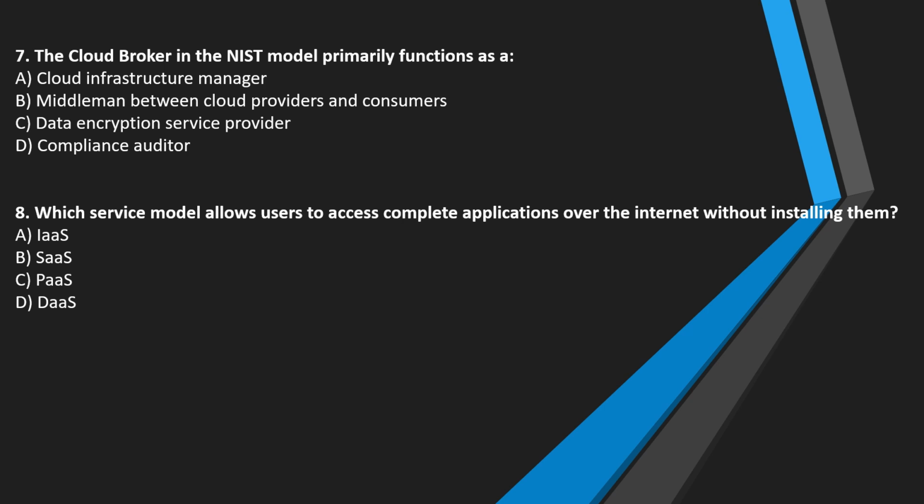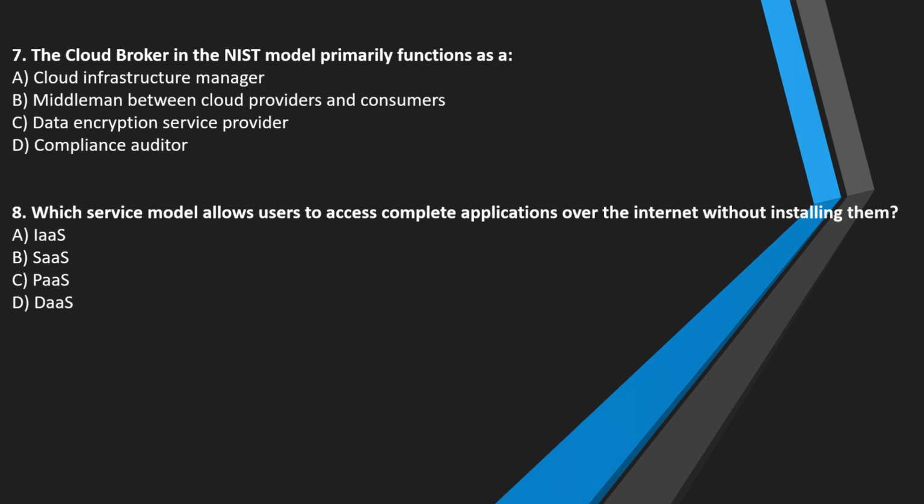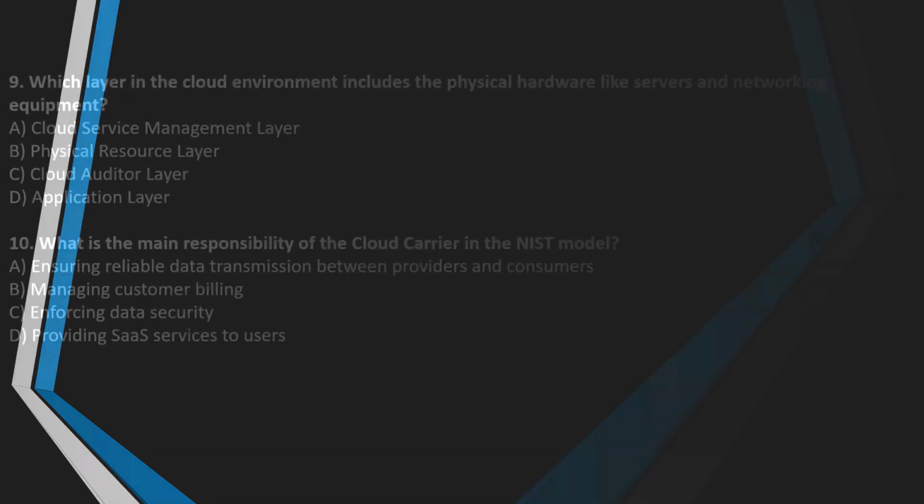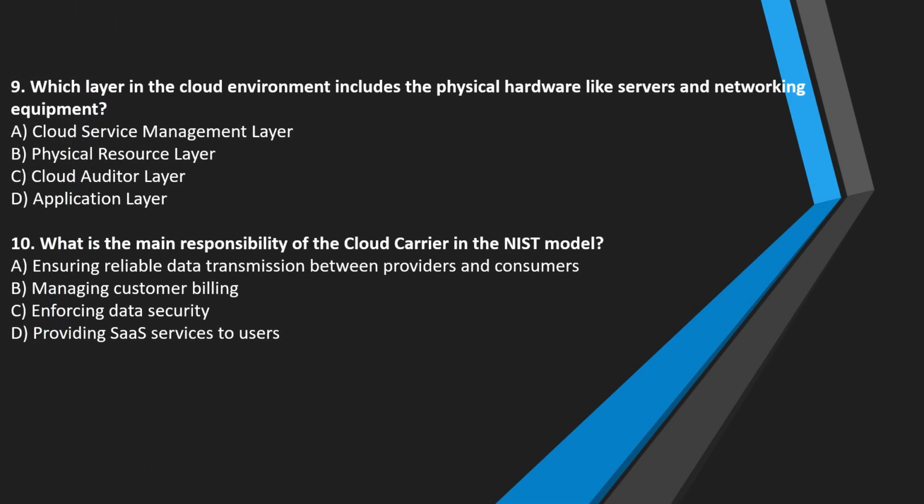The correct answer is B, software as a service. Which layer in the cloud environment includes the physical hardware like servers and networking equipment? The correct answer is B, the physical resource layer. And what is the main responsibility of the cloud carrier in the NIST model?